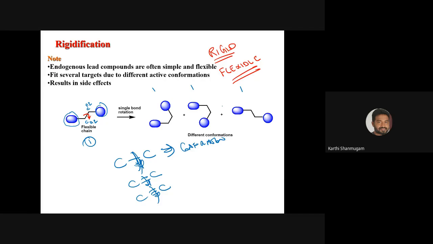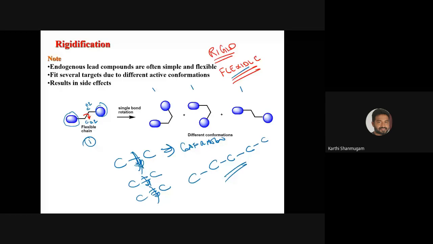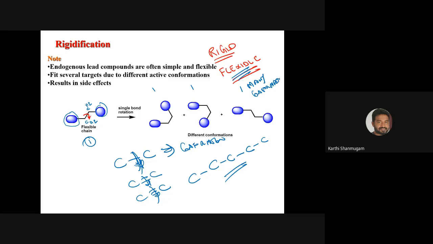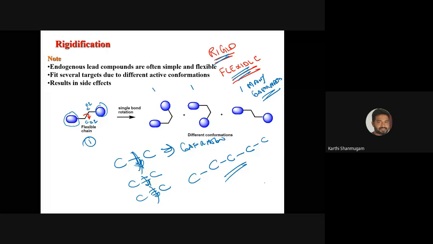So whenever you have many carbon single bonds in your drug-like molecule, we can expect that the molecule will be more flexible in nature. So here the meaning of flexible is that many conformations are possible. Is it understandable? Yes, sir. But if I say rigid, it means that we cannot generate many conformations for that molecule.